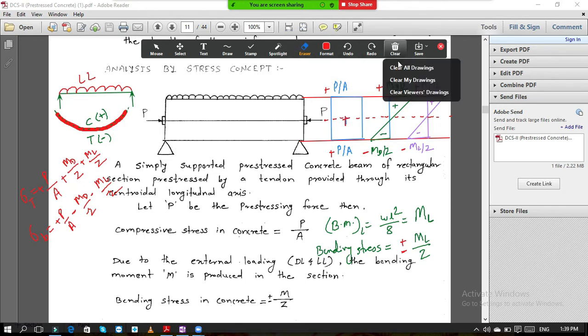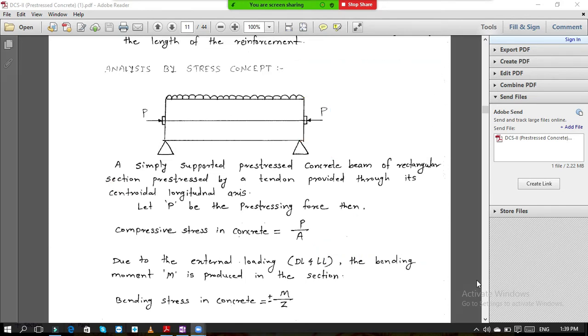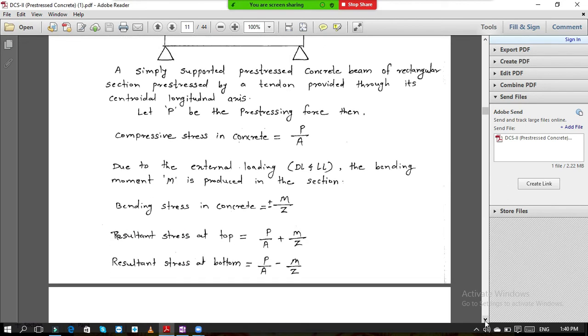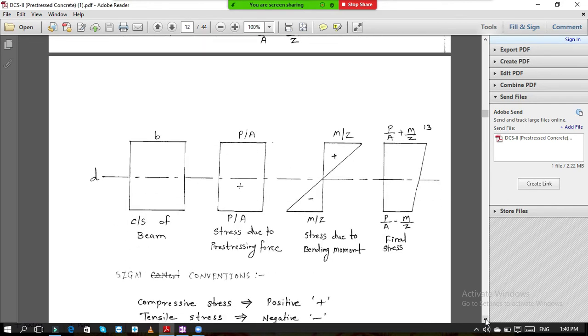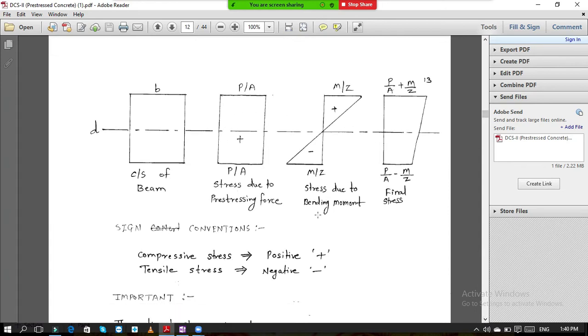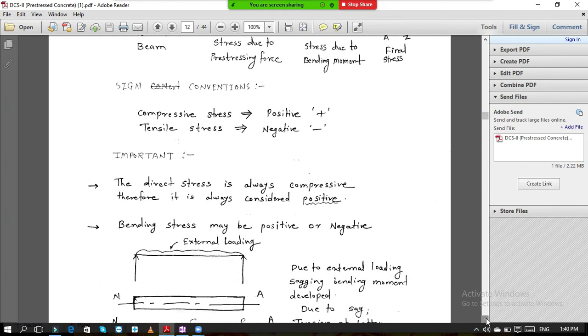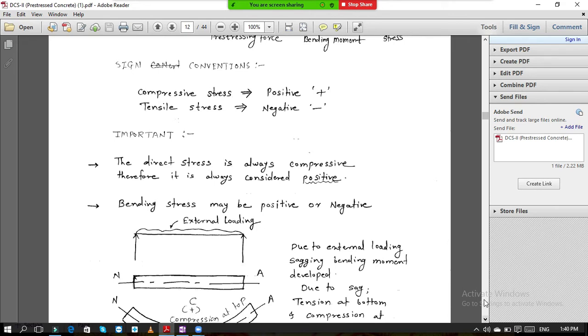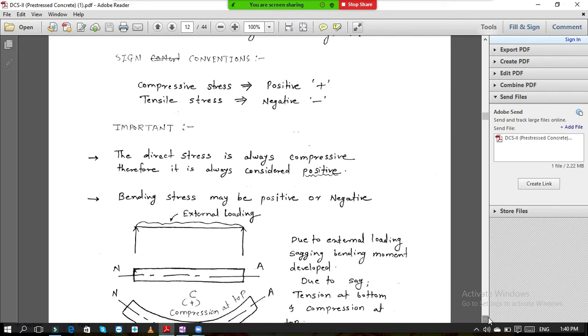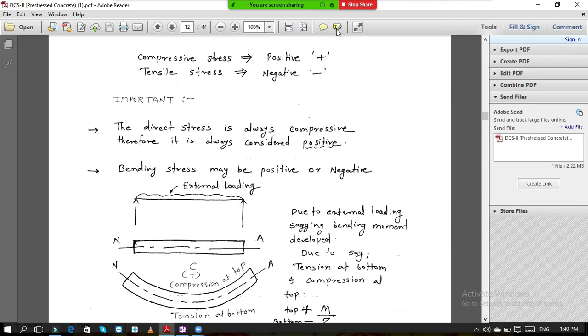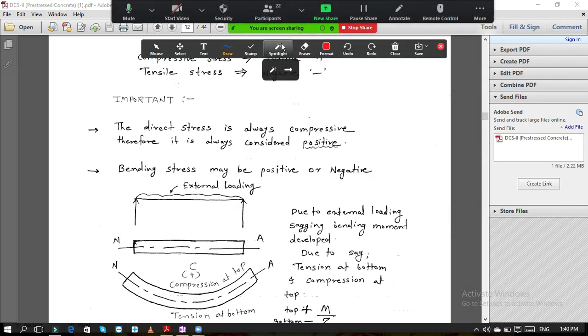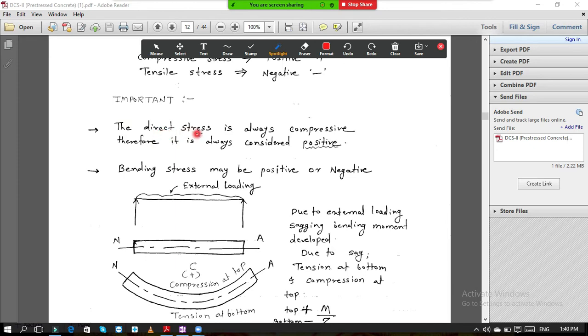So here you can see these are the diagrams which I have explained to you right now. See here the important thing: direct stress is always compressive, therefore it is always considered as positive.